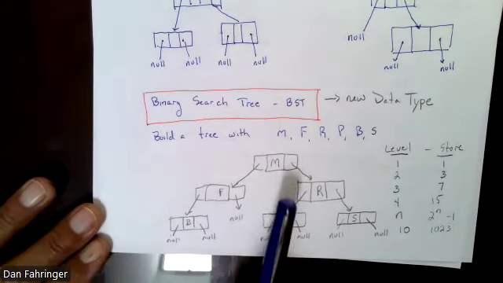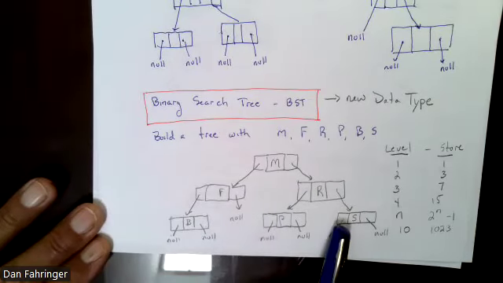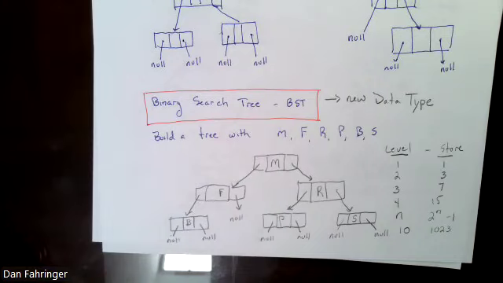In 3 levels, 1, 2, 3, 4, 5, 6, 7, we could store 7 values. If I had 10 levels, I could have stored 1,023 values, which means if I was searching through here, I'd get there pretty quick to find out if it's there or not. Okay, I get it now. Cool, thank you.